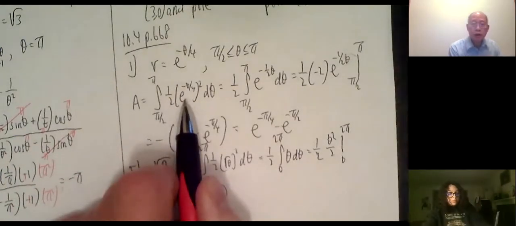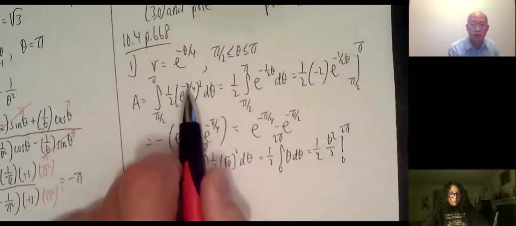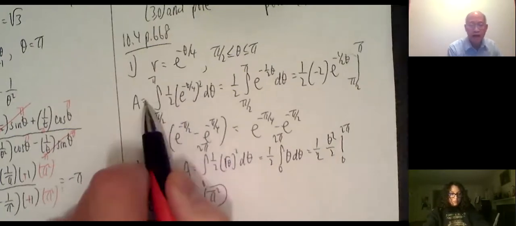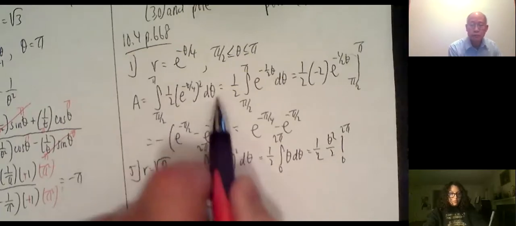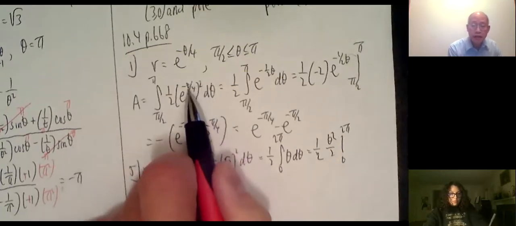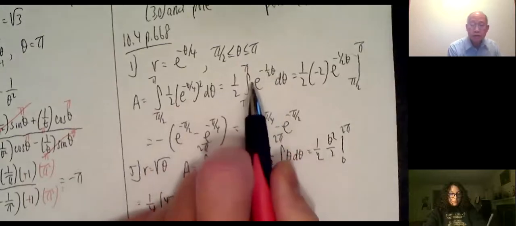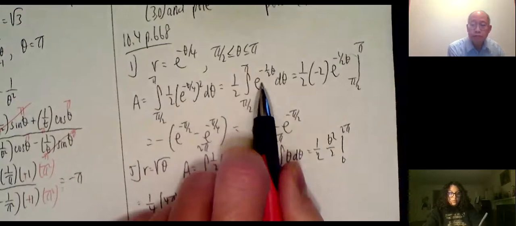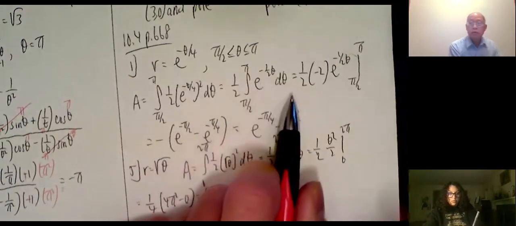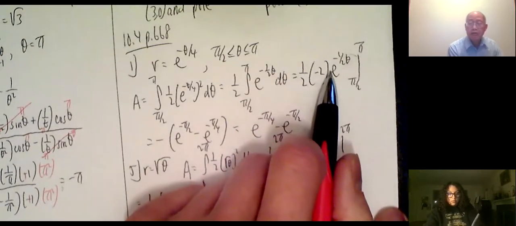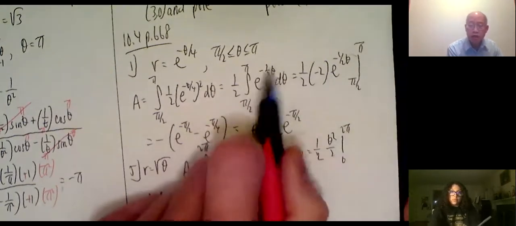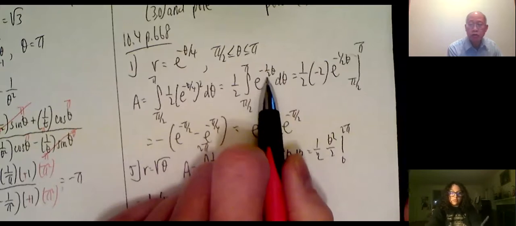So 1/2 r squared, e to the negative theta over 4, squared, d theta. Almost always you take the half out. Okay, 2 times that would be negative theta over 2, or negative 1/2 theta. So we integrate. And for integration, I do the opposite of differentiation. If I were to differentiate this function by the chain rule, I would multiply by negative 1/2.